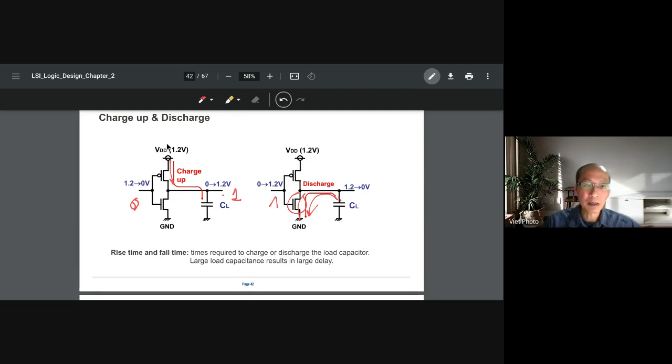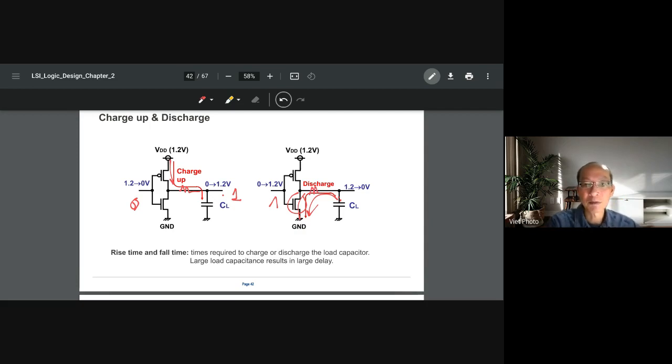Charge up means that when you have 0 and 1 here, this P transistor turns on and it charges. So this one turns on, right? It's a short. The current charges from VDD to the load, which is equivalent to the next stage plus the wire. They make it simple so that there is only C load, but equivalently there will be some resistance here. Basically, the circuit will be like that.